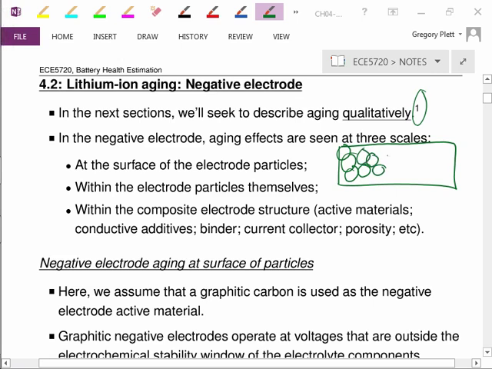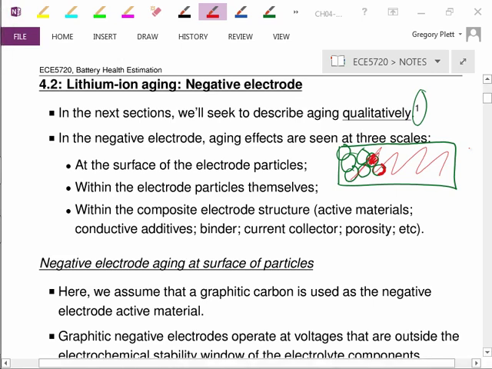The first location of aging is on the surface of the electrode particles. We'll look at some things that happen there first, and then within the particles themselves, and then within the entire structure of the electrode.